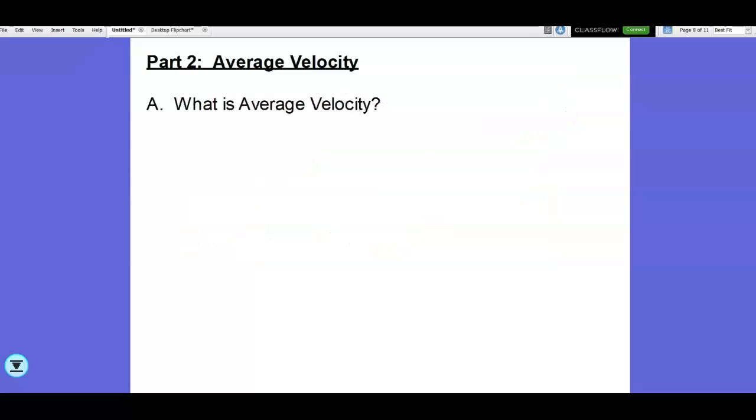So that brings us to part 2, where we're going to talk about average velocity. So what is average velocity?